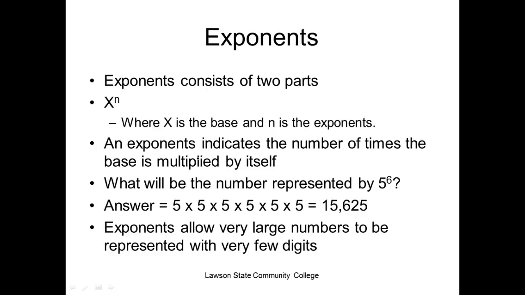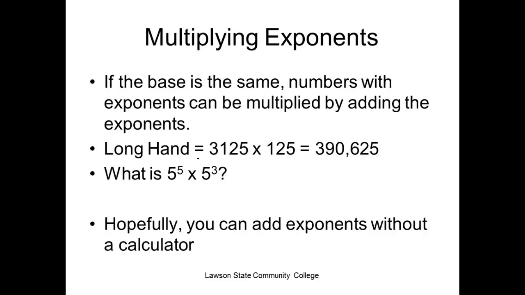You understand that? If the base is the same, the numbers with exponents can be multiplied by simply adding the exponents together. If they have the same base. Right? You understand? So I could come up here and say 3,125 times 125 equals this. Or I could say 5 plus 3 is equal to 8, and then I could raise 5 to the 8th power.